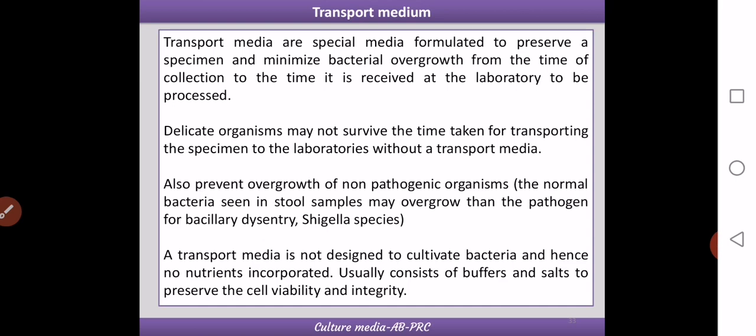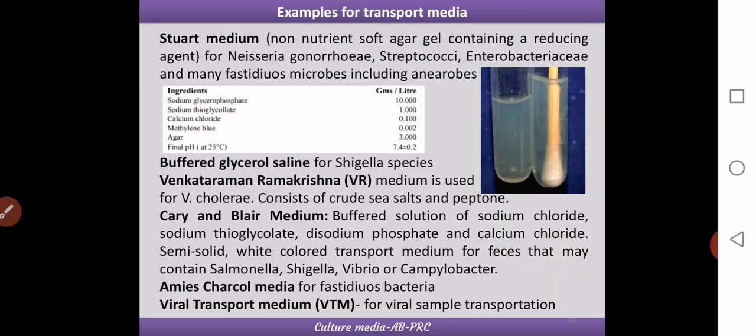So you can see certain examples in the next slide. Stuart medium, buffered glycerol saline, Vibrio medium, Carey Blair medium, Amies charcoal medium. All these are different media for bacterial transportation, right? You can see Stuart medium is a non-nutrient soft agar gel which contains a reducing agent.